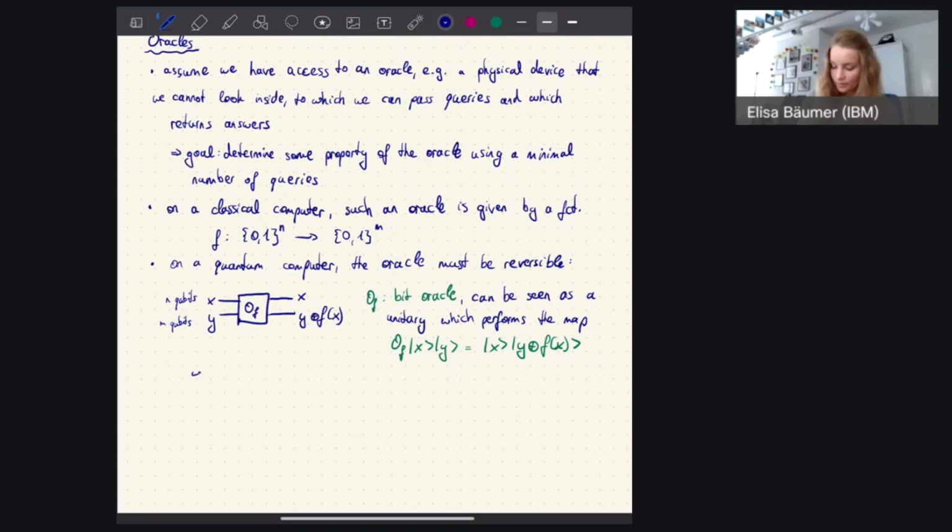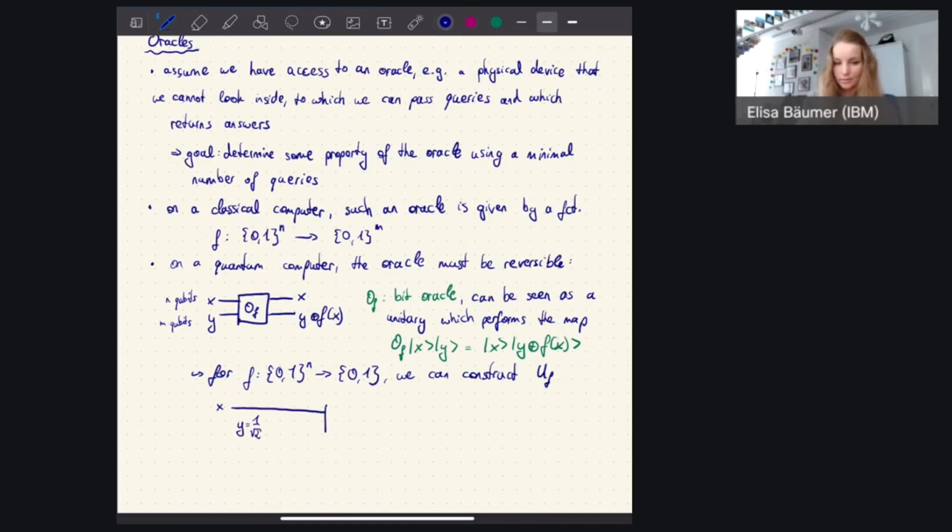Anyway, now for any function f that takes those n input bits and maps it to just one bit, we can construct a different kind of unitary or oracle function, which we call U_f. And here we basically do the same as before. We have our two inputs, x and y, but the y we choose to be very specific.